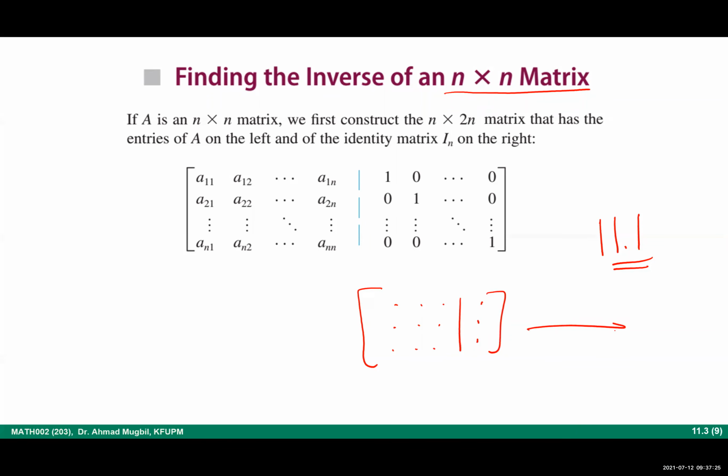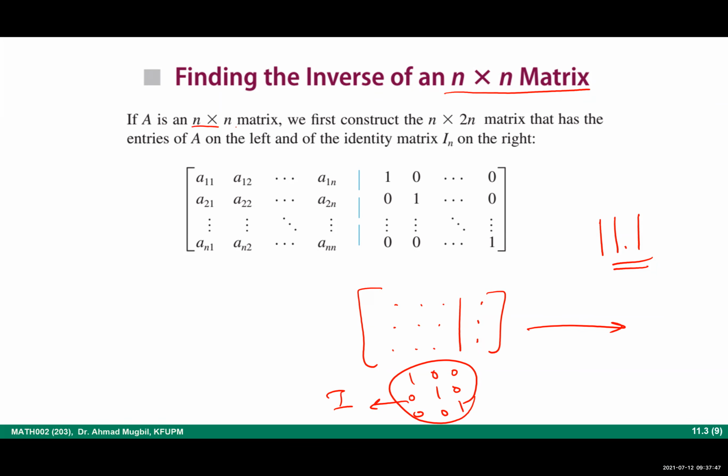We do elementary row operations until we have, of course, here 1, 1, 1, 0, 0, 0. In the case of Gaussian elimination, if we're using Gauss-Jordan elimination, we should have also zeros here, which is the identity matrix, by the way. We will do here something similar to that.